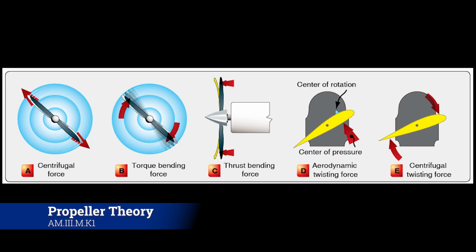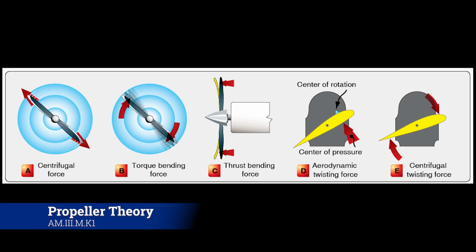All right. Then we have the aerodynamic twisting force that tends to turn the blades to a higher blade angle. Basically, as that propeller spins around, the force of the air on it is going to want to make it go to neutral. The air is going to want to push that blade out of the way, and the blade's going to have to push back on it, causing it to produce lift.